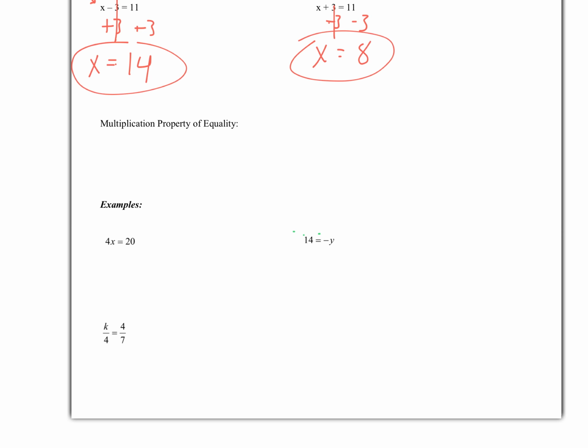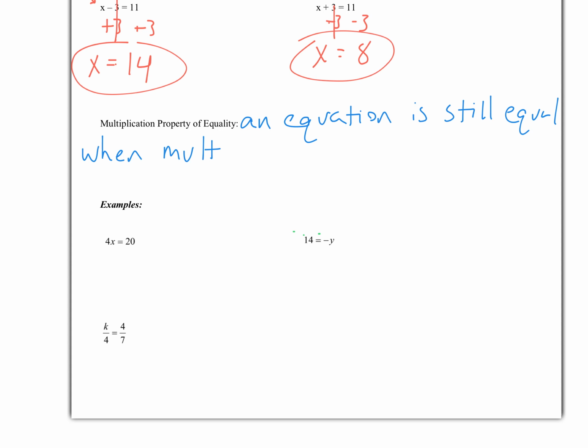Very similarly, the multiplication property of equality is when an equation is still equal when multiplying or dividing the same value from both sides.